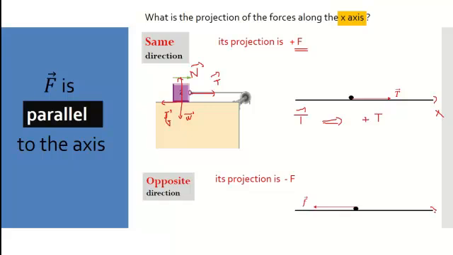With respect to the x-axis, it's parallel, but in the opposite direction. So its projection will be minus f. This means the x component of this friction is minus f.